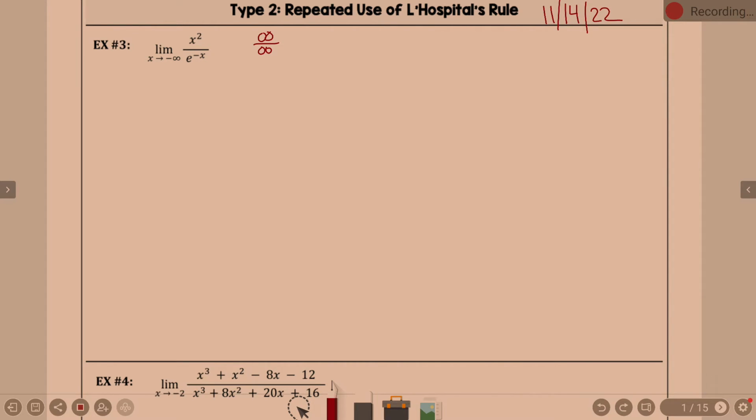What's important when we're doing our free response is that we individually state our limits here. That way we can say that we can use L'Hopital's. So the limit as x approaches negative infinity of x squared would equal positive infinity. And the limit as x approaches negative infinity of e to the negative x would equal positive infinity.